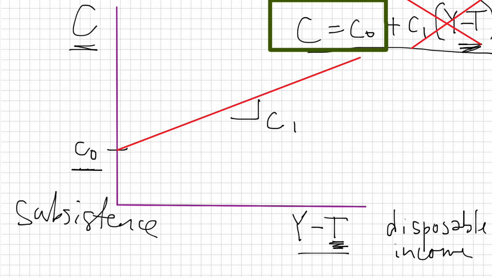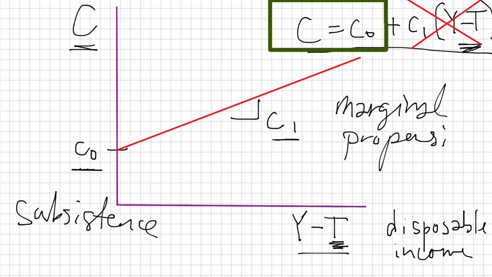C1, on the other hand, is going to be known as the marginal propensity to consume. What does this mean? Out of every dollar of Y minus T, for every little block we move over, we go up an amount. Okay, so let's look at this red line. We go over some amount.